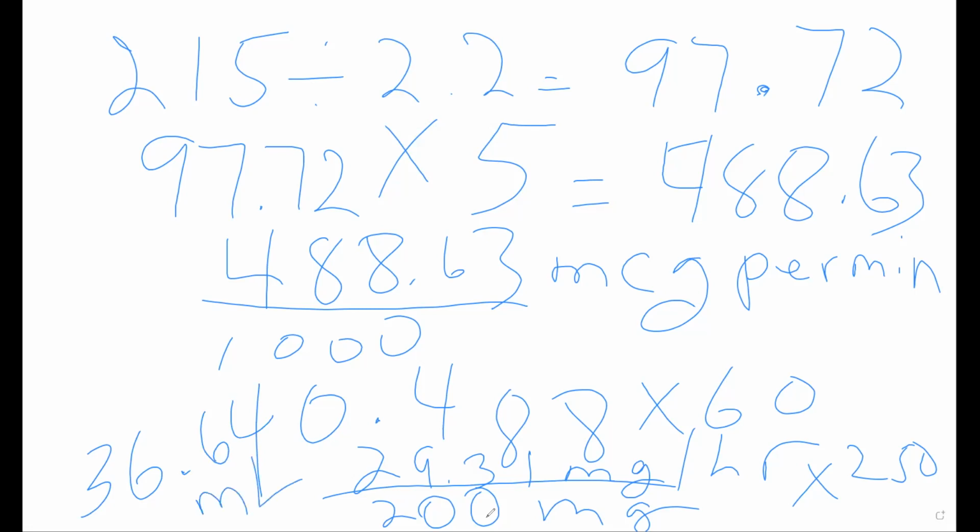So I would tell you at that point whether I wanted you to round it to the nearest tenth or the nearest whole number. But if you got 36.64, then you did it right. Yippee. Yahoo. Everybody else good with that one? Yeehaw.